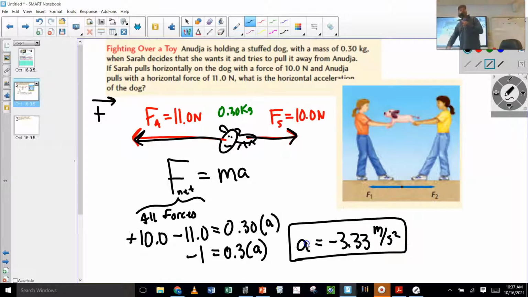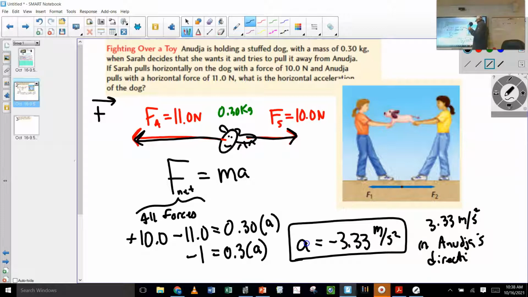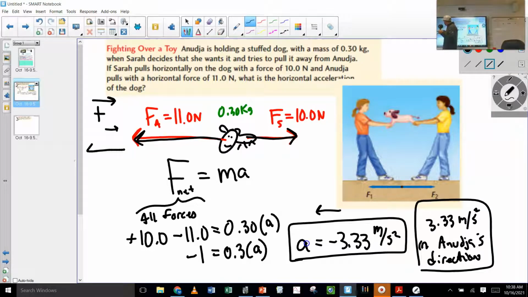So my acceleration is negative 3.33 meters per second squared, or you can say the acceleration is 3.33 meters per second squared in the direction of Anuja's direction. The negative tells you what direction it's being accelerated. So if positive is to the right, it's definitely being accelerated in that direction, right? There is a net force, so we do have acceleration in the direction of the net force.